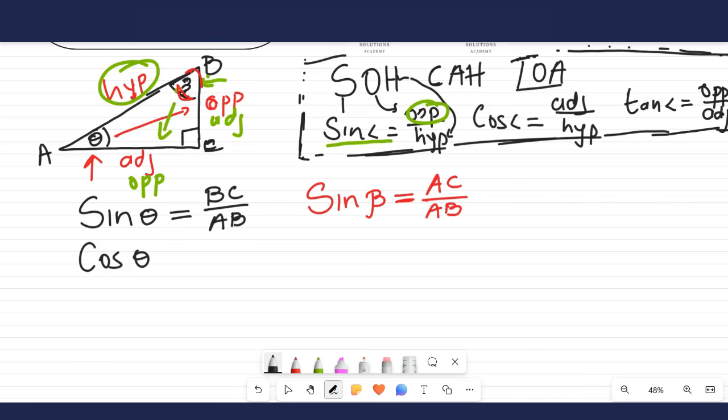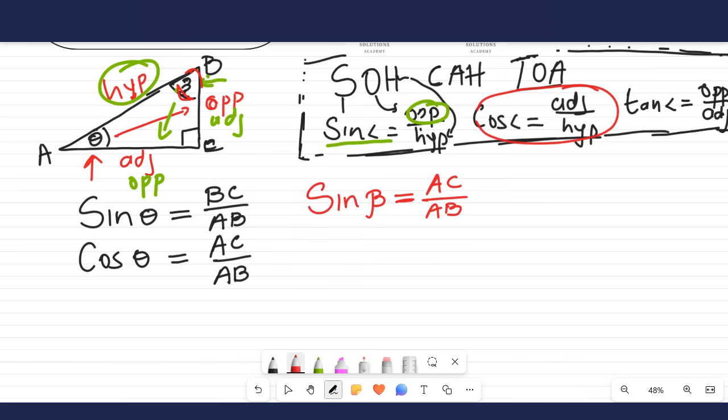You can do the same thing for cos. The cos of theta will be equal to the adjacent side. That's what it's saying from SOHCAHTOA. As far as theta is concerned, the adjacent side is AC over the hypotenuse, which is AB.